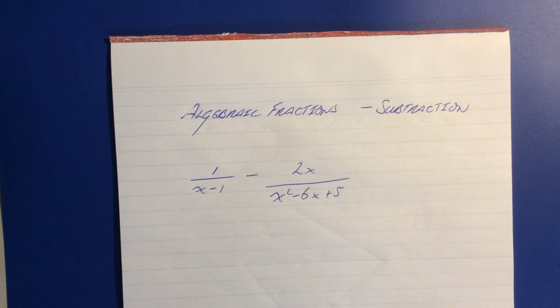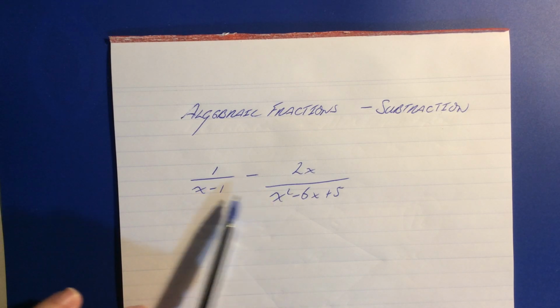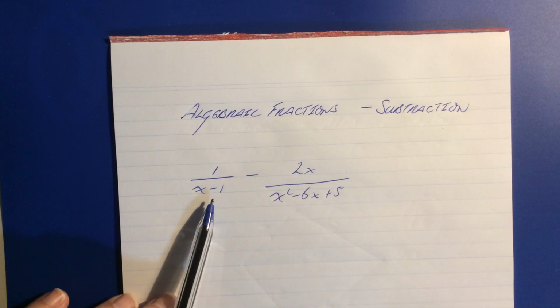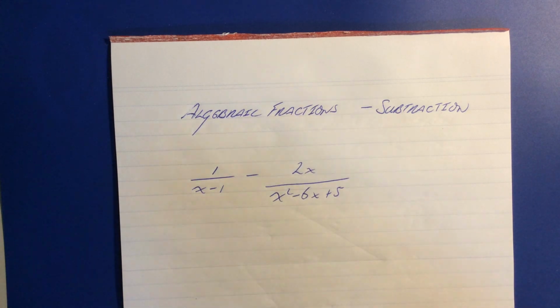Now here there's an added twist, because not only do we have two different denominators, and the general rule is that you simply multiply the denominators to get a common multiple. If you do that, you're going to have a cubic on the bottom of this pair of fractions, and I'm not sure that that's necessarily the way to go.